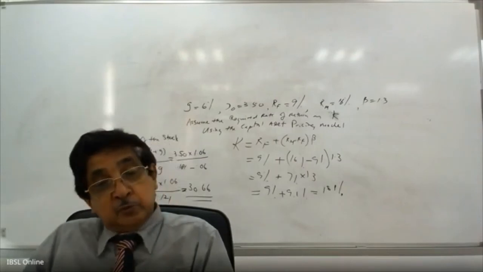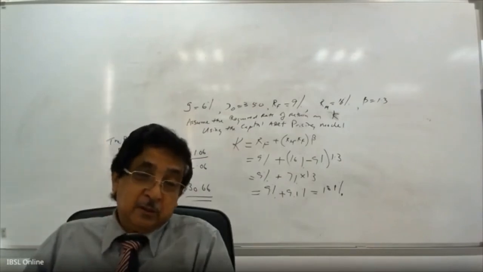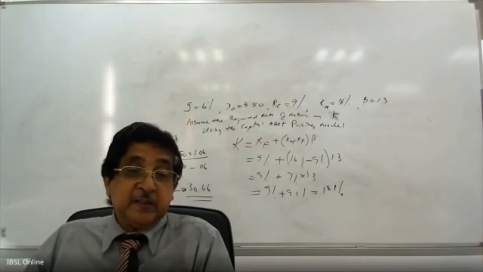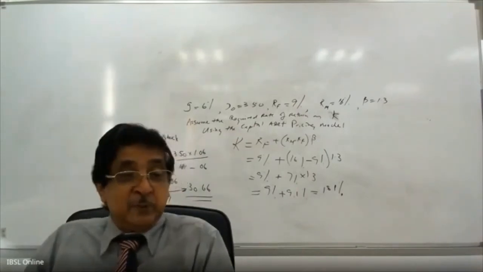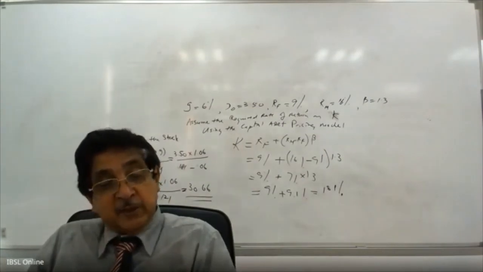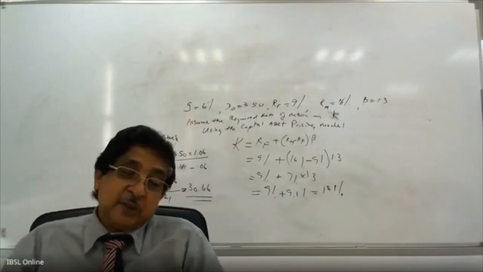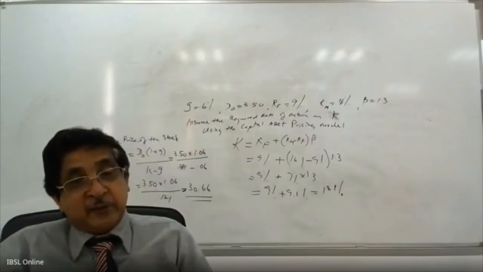If you try to do it by applying the one-stage dividend model, you will not get a realistic value and you will get a negative price. So it is impossible to arrive at a price by applying the one-stage model. Therefore, we need to go for the two-stage model to calculate the price of such a stock.